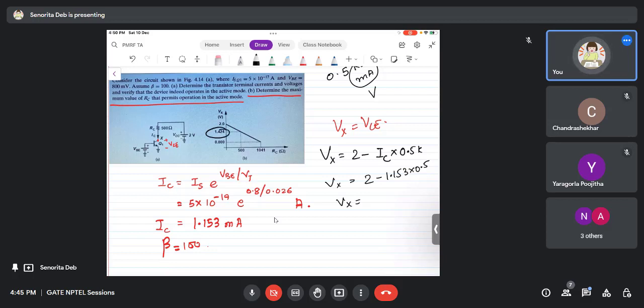Now again, IS was given, VB was given. The problem is that they have not asked for a single RC value. If they had asked, for RC 0.5K, what is IC, then you would have directly found it from this value, 1.424.